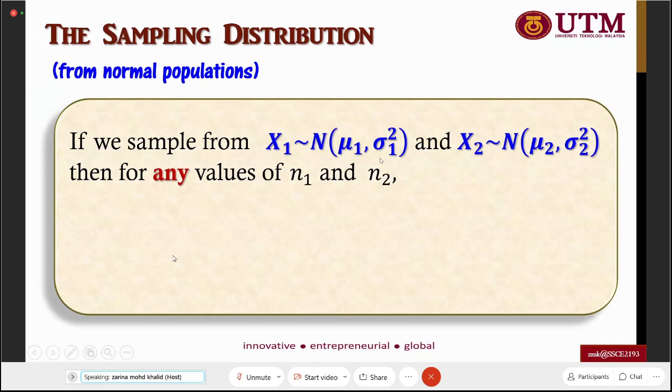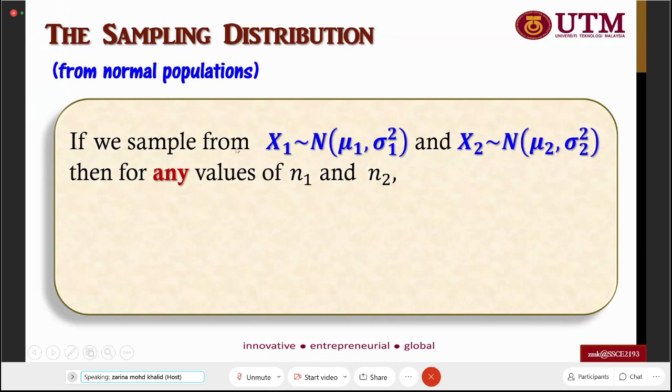Okay, whereas the variance, you need to know the variance as well. So the variance will be sigma squared, but this time we have two populations, so we put the subscript here just to differentiate between the two populations. So you have sigma 1 squared and sigma 2 squared.